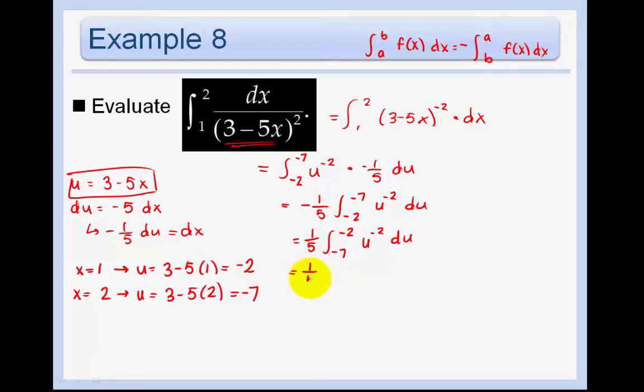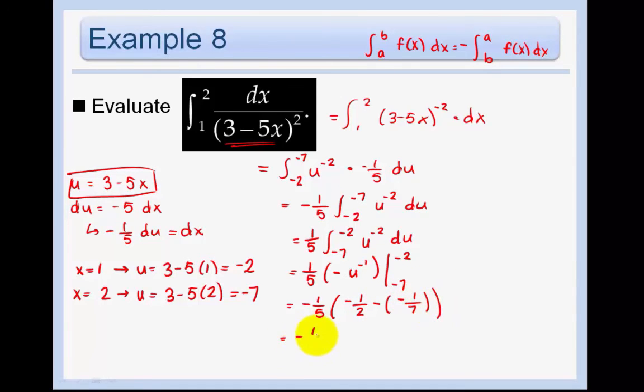Now take the antiderivative, so add 1, and evaluate that between negative 7 and negative 2. So I'm going to just pull that negative 1/5 out. And so then you stick in a negative 2. Negative 2 to the negative 1 is just negative 1/2 minus negative 1/7.